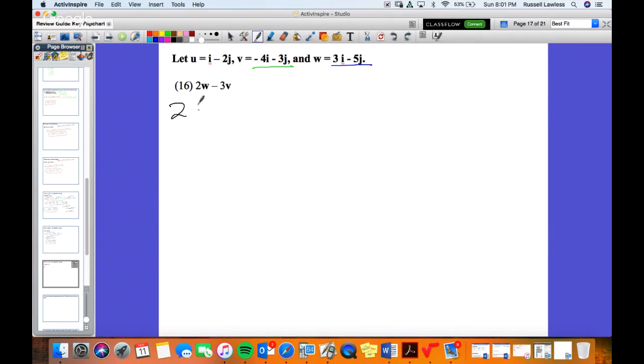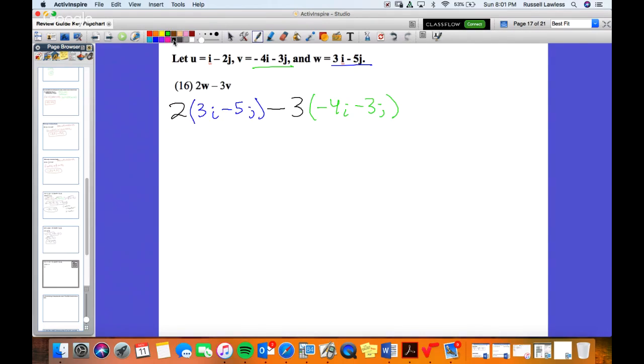And our w vector is 3i minus 5j. And we're going to subtract that by 3 times our v vector, which will be negative 4i minus 3j.